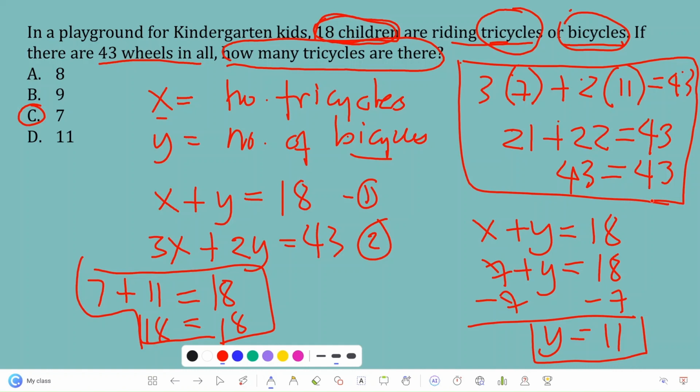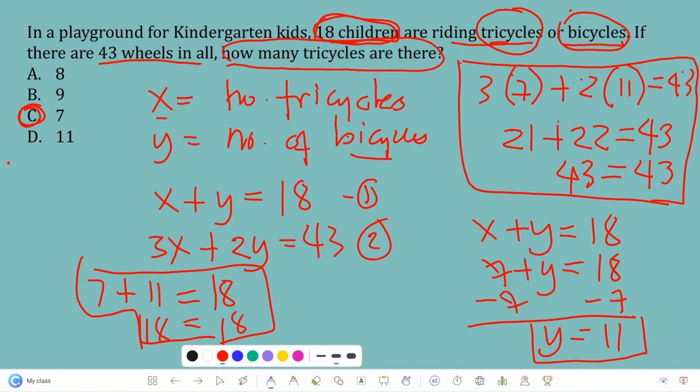Pero dito, ang hinahanap, dahil may choice tayo, letter C ang tamang sagot. So, ganyan naman po ang pag-solve ng systems of linear equations. Una, dapat i-highlight mo ang mga important na information. Pangalawa, i-represent mo into variables ang mga unknown.